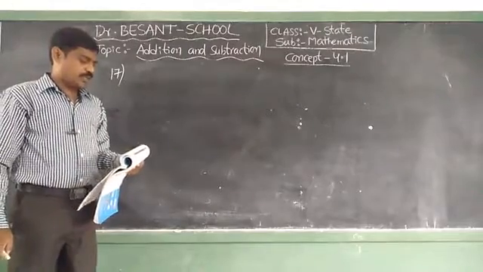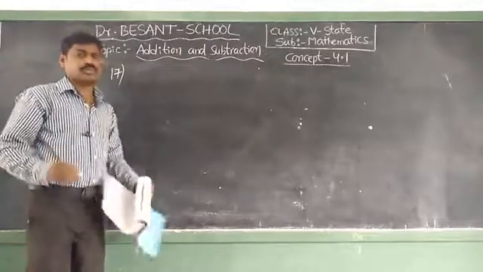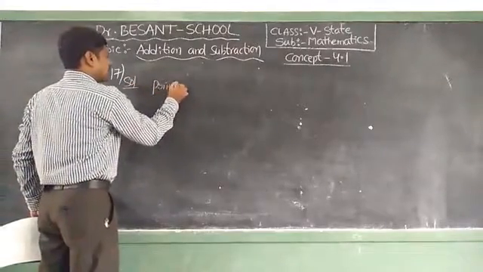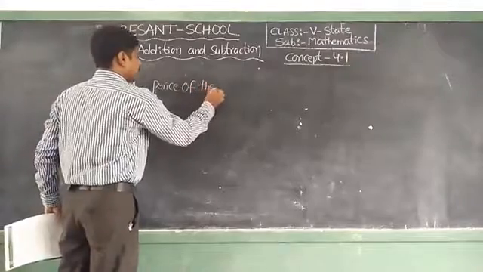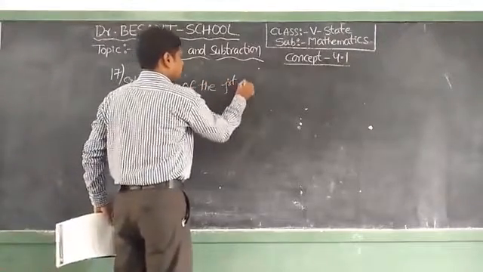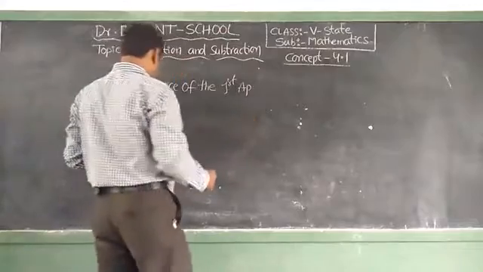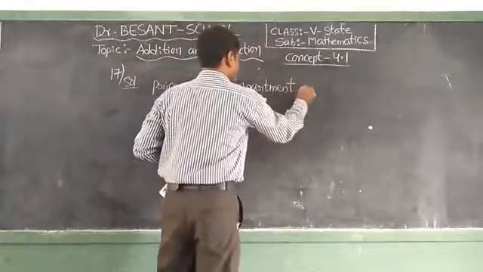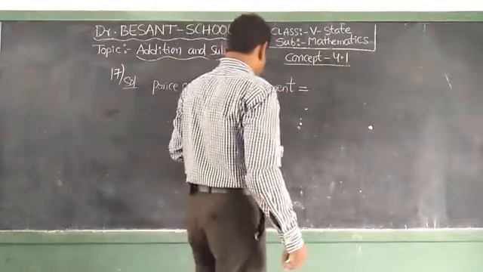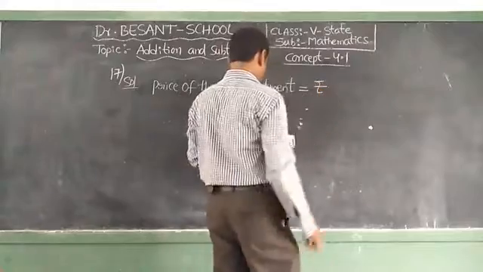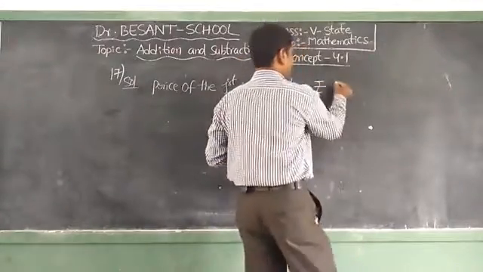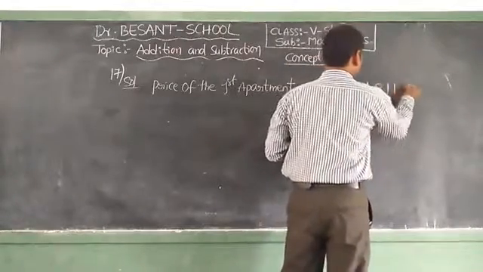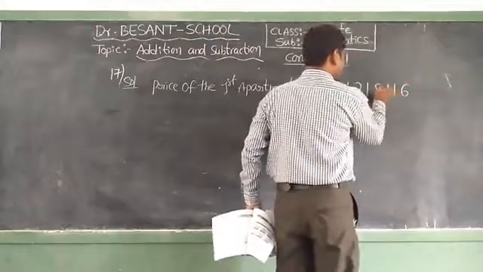Next, the price of the first apartment is equal to 2128116.